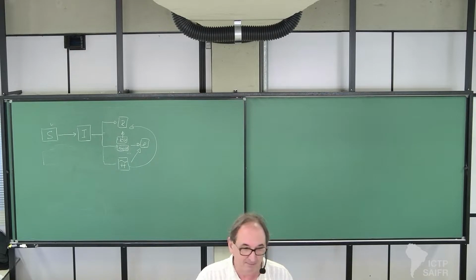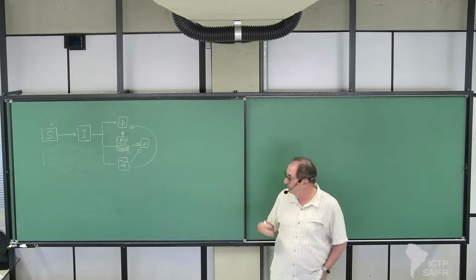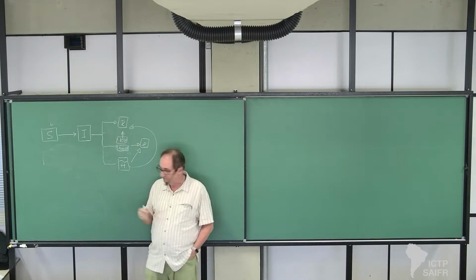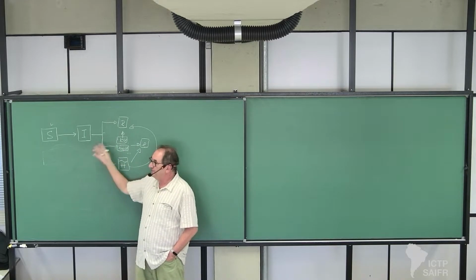So you divide the population into age classes, and you maybe have all the same kind of diagram, but with different parameters.